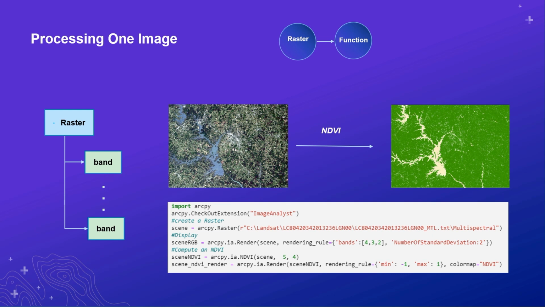Then you can apply an NDVI function and display the NDVI result raster using a color ramp. So very easy and straightforward: a few lines of code, and you can get the analysis NDVI raster.